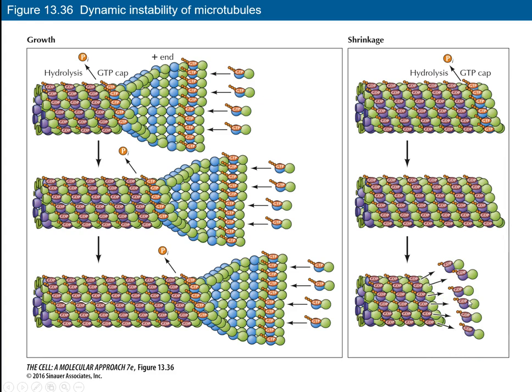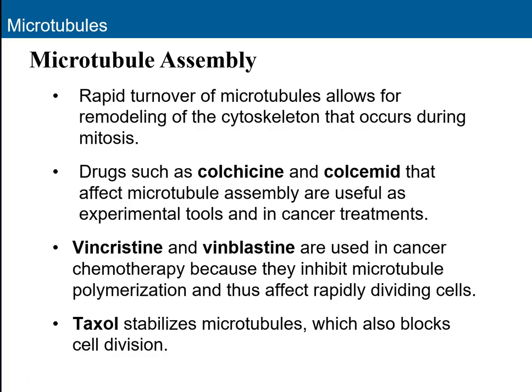So more GTP-bound tubulin leads to growth, and increased hydrolysis and more GDP-bound tubulin causes disassembly. We can talk about assembly and disassembly, or growth or shrinkage, however you want to term it.